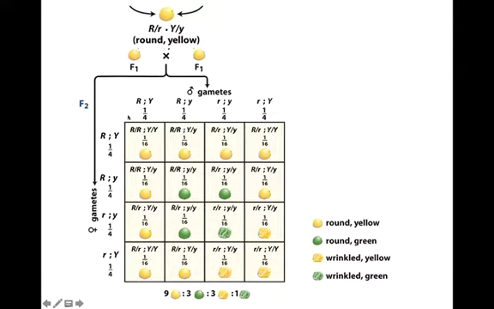And so whatever is inherited through the pollen is not relevant, because the female gamete has the two dominant alleles, so it's going to be round yellow, round yellow, round yellow, round yellow. And the same logic applies here. Round yellow, round yellow, round yellow, round yellow. So no matter what this gamete genotype is, this gamete genotype from the male is determining it. So you end up with 1, 2, 3, 4, 5, 6, 7.